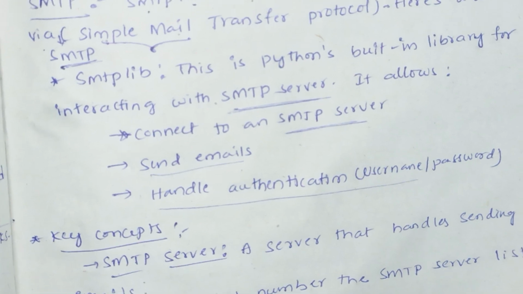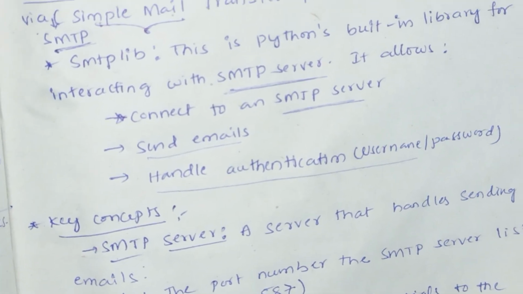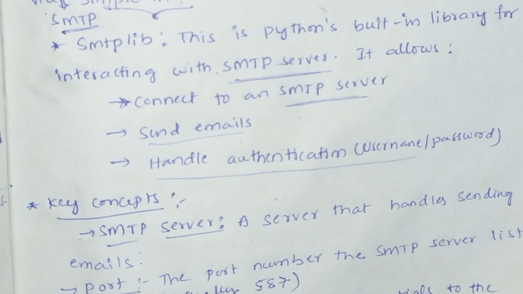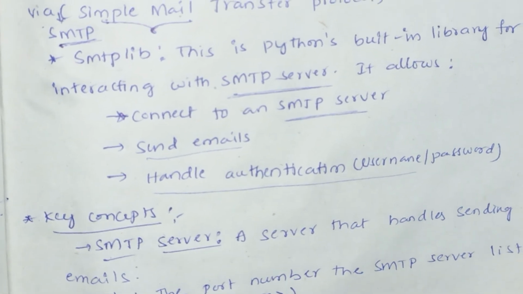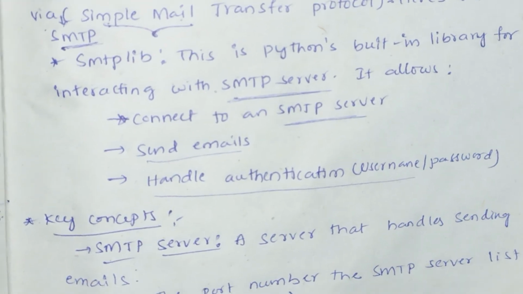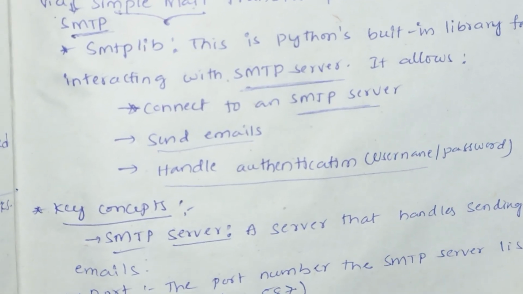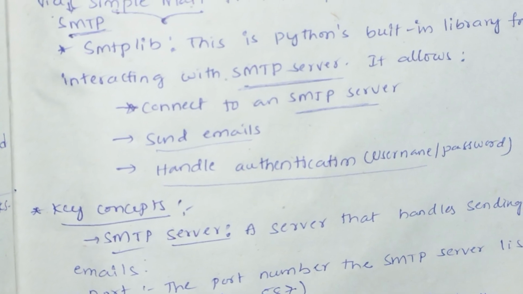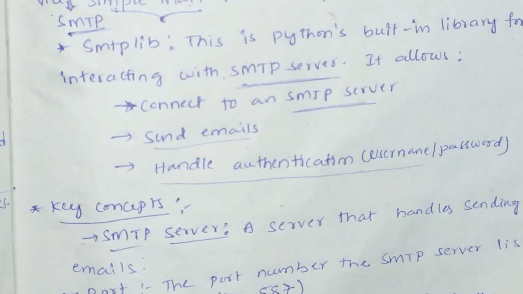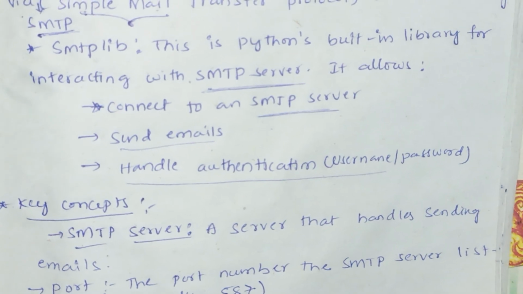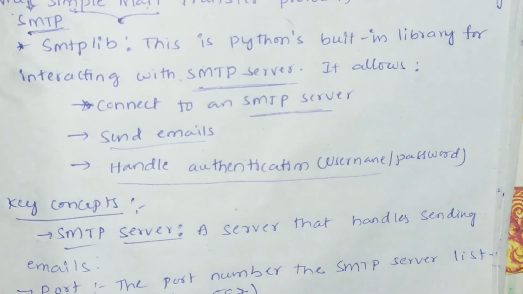Everyone has Gmail, right? When we log in to our Gmail on another mobile or device, it works by using authentication. If the password is wrong, then it is not allowed. It is the same with the Simple Mail Transfer Protocol.